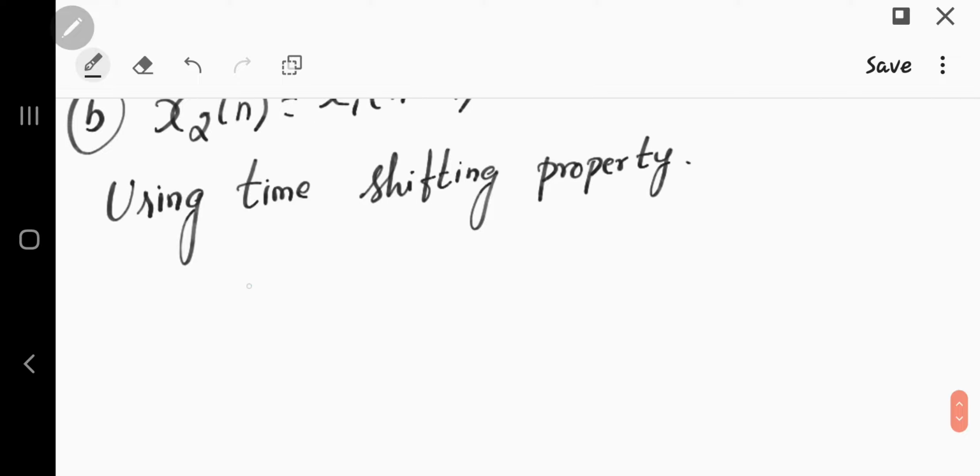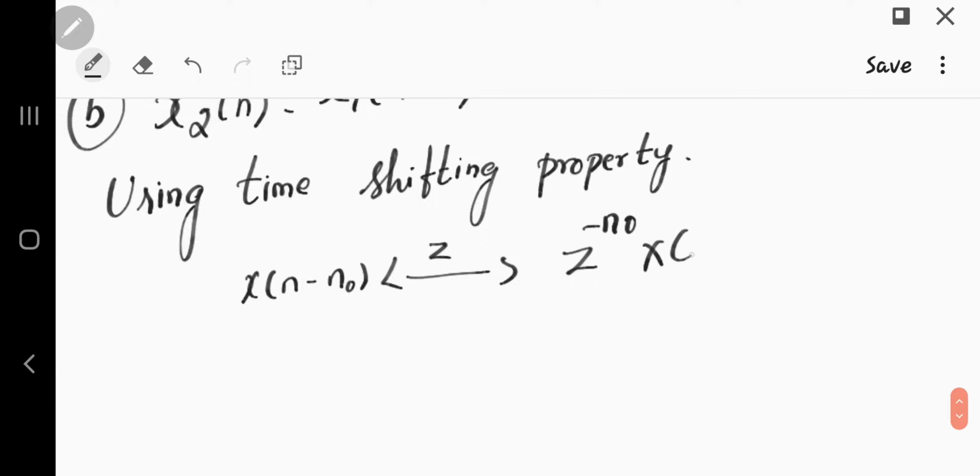So time shifting property says if you have x of n minus n naught, if you perform z transform for this, you will get z to the power of minus n naught into x of z. In this case, we have x1 of n minus n naught.